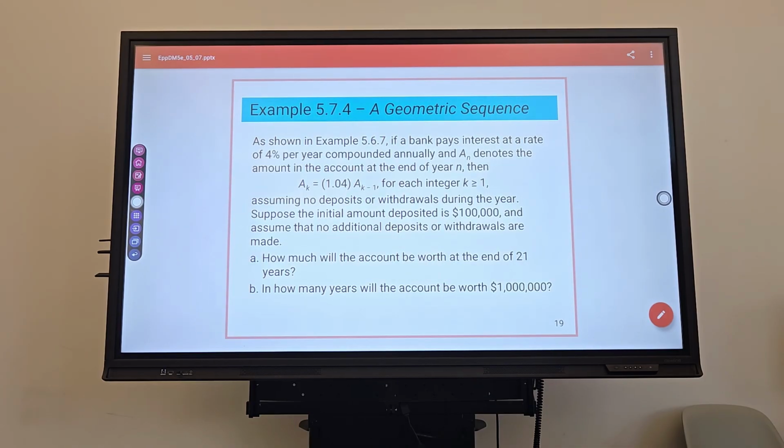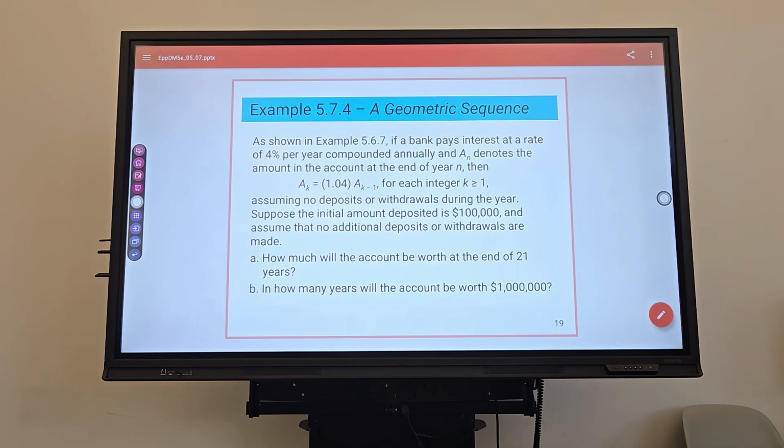As was shown in Example 5.67, if a bank pays interest at a rate of 4% per year compounded annually, and A sub n denotes the amount in the account at the end of year n, then A sub k equals 1.04 times A sub k minus 1, assuming no deposits or withdrawals during the year.